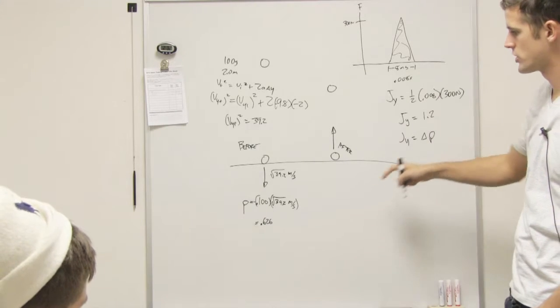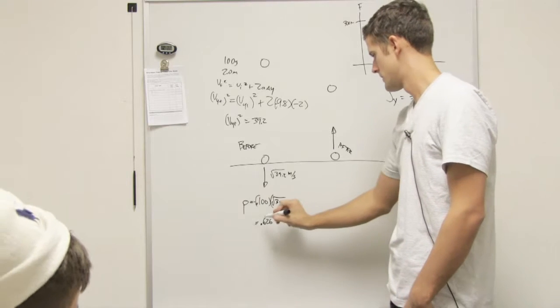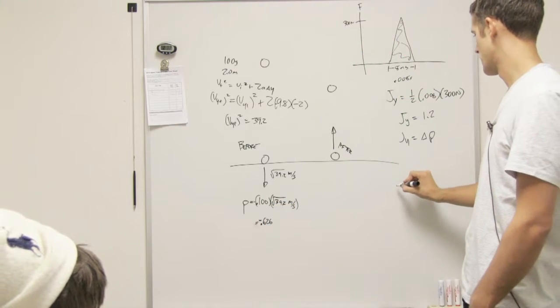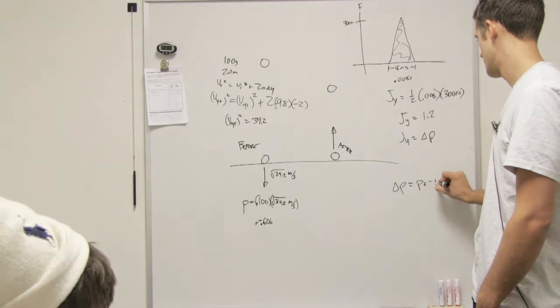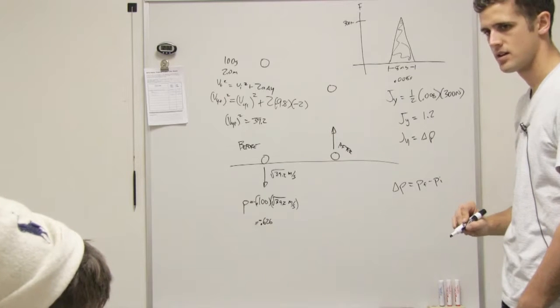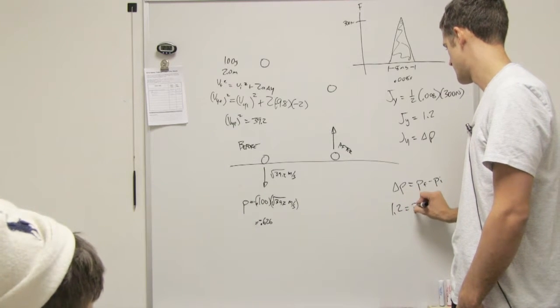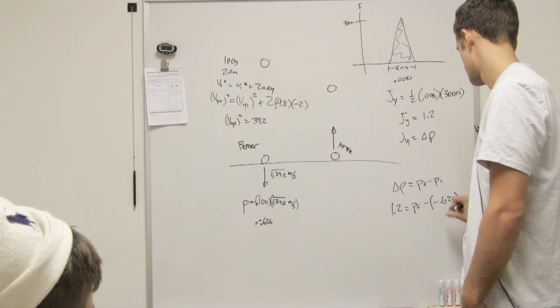Okay. So our initial is 0.626, which is what we use to find our after. This is negative, I guess, 1.2. So your change in P is equal to P final minus P initial, right? So 1.2 equals P final minus negative 0.626.